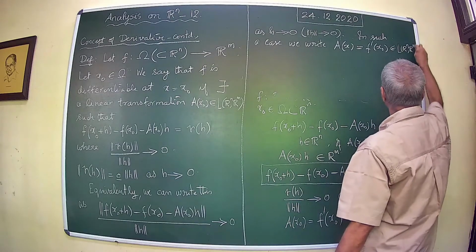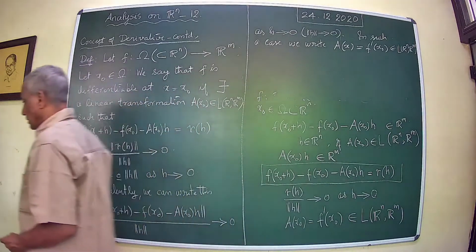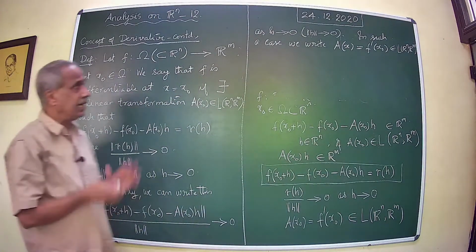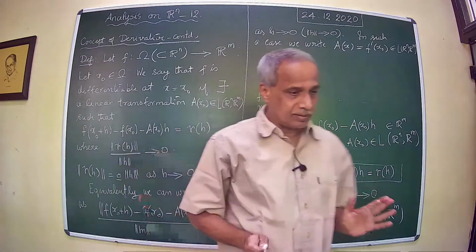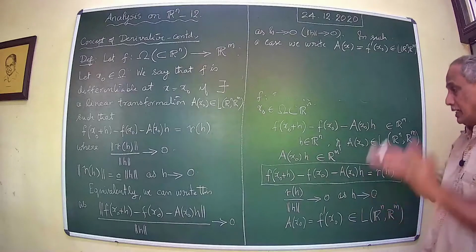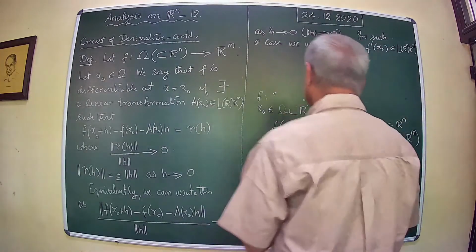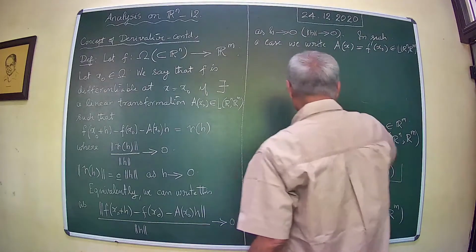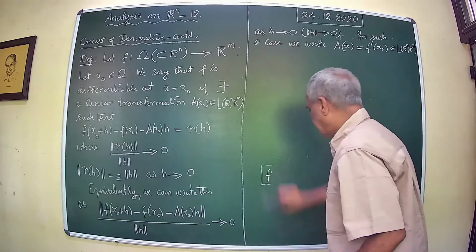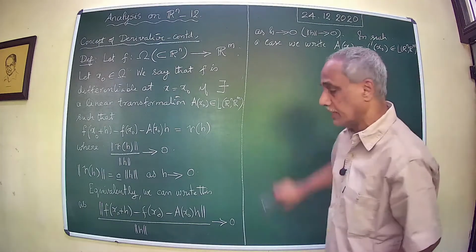This identification should be well understood. We are now talking about a linear transformation from R^n to R^n as the derivative of the function at x naught. Now we first prove that if the derivative exists, then it is unique.